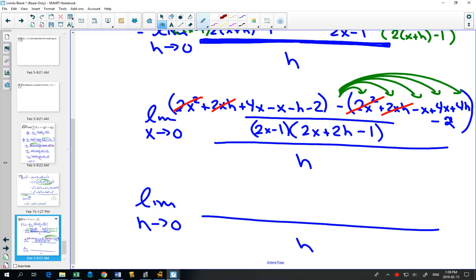Those are going to cancel out. And I've got a 4x minus a 4x. Those will cancel out. A minus x minus x. Oh, this is looking exciting at this point. A negative 2 minus a negative 2, oh my goodness. And I get a negative h minus 4h. There's our difference. So my numerator just becomes negative 5h.